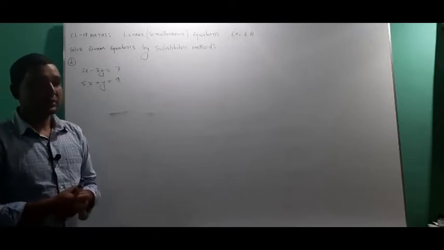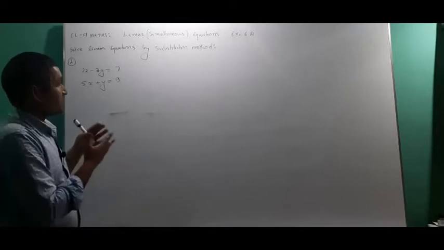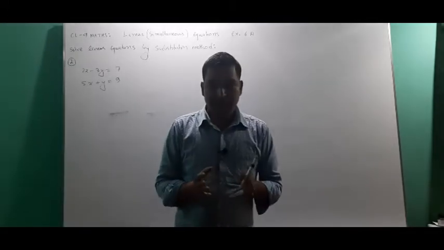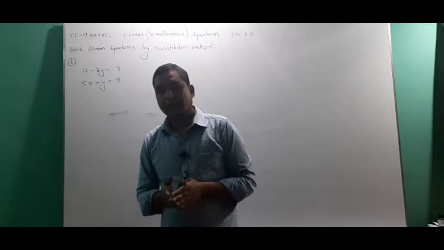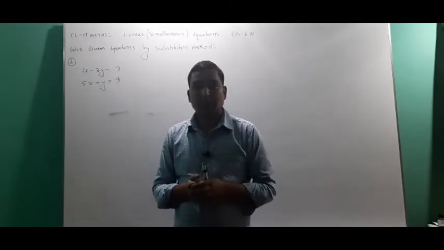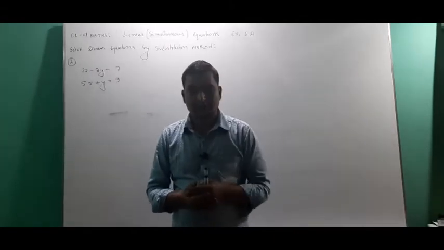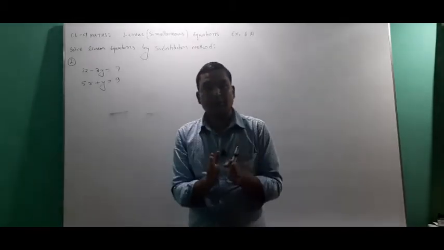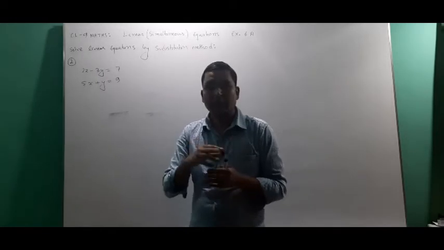Last session we learned question number 1. Now today we are going to learn the second question, using the substitution method. If you want to know the basics of the substitution method, please go through the last session's video. For the substitution method, we have to get the value of one of the variables from any one equation.